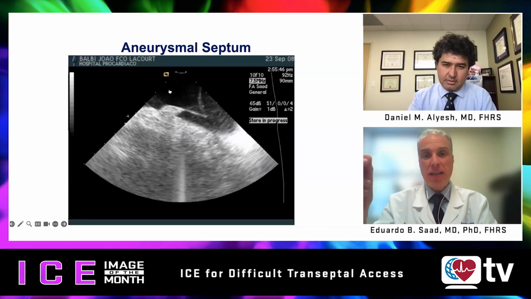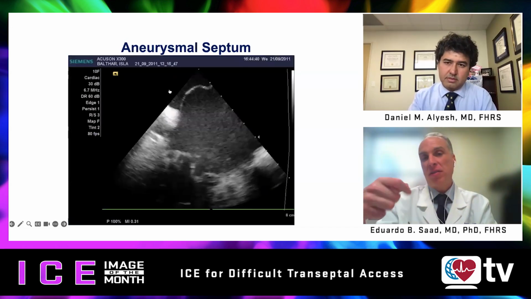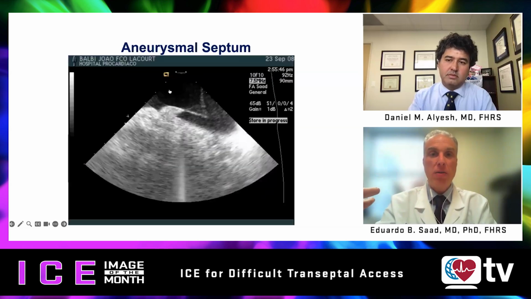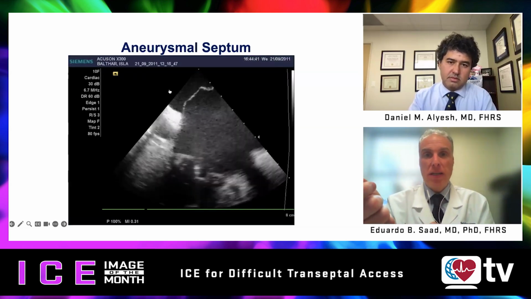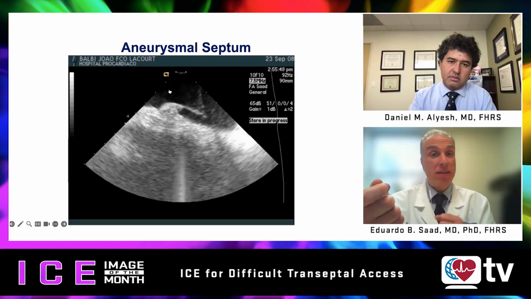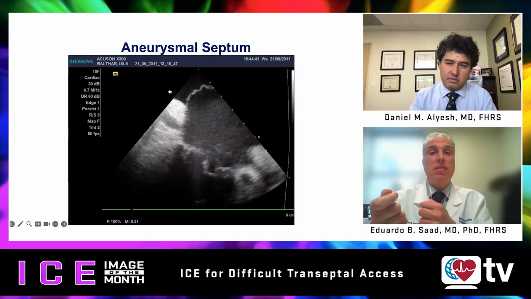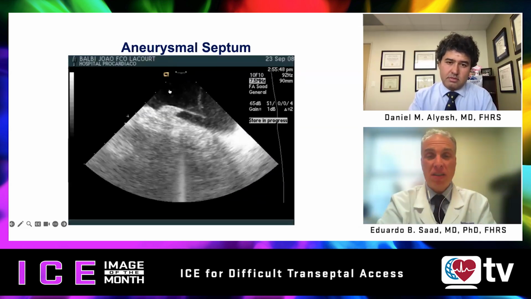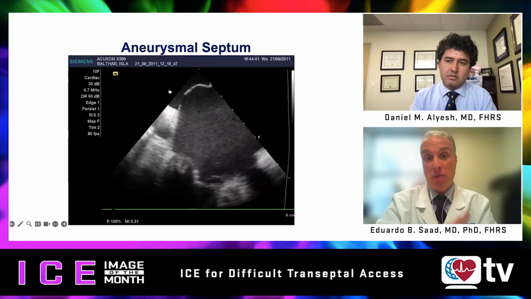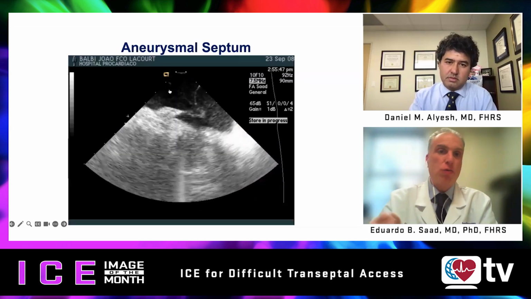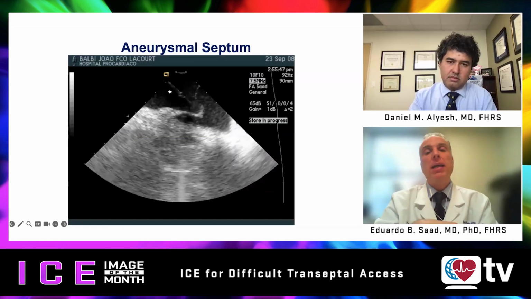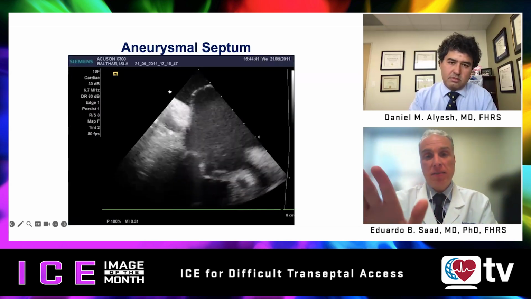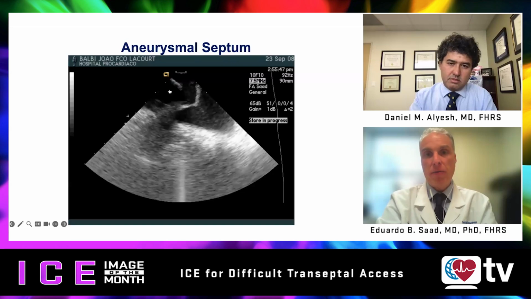The danger in that situation is that if you use just a standard transseptal approach with a needle, once you are actually able to advance the needle inside the left atrium, the pushability that you're doing is going to take all the assembly to the posterior wall, and maybe you have a perforation because you don't control how much forward pressure you put in. So this is what you have to be careful with.